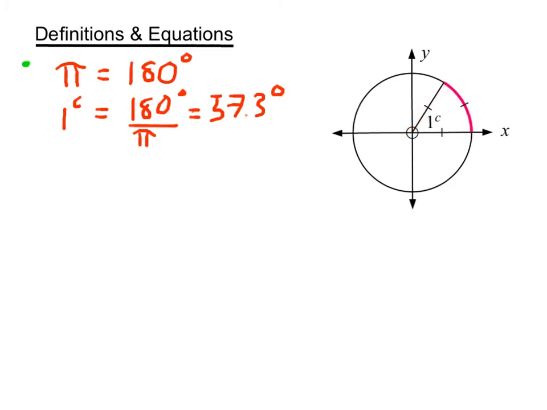So in this case, the radius is 1, so 1 radian is the angle swept out by an arc length equal to 1. And that's true for any circle. We can scale it up or down using any radius.